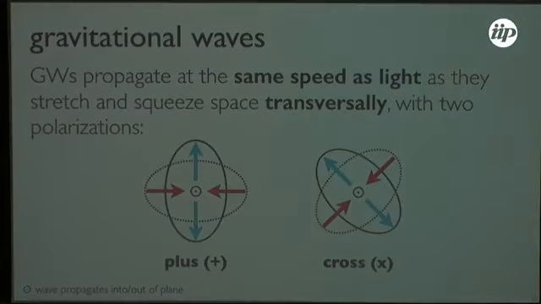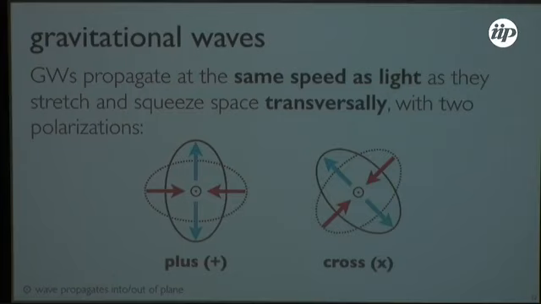Gravitational waves propagate at the same speed as light. We usually say gravitational waves propagate at the speed of light, but you could also say light propagates at the speed of gravitational waves. Neither is more fundamental than the other. Their effect is to stretch and squeeze space transversely to the direction of propagation, and this effect you can always decompose into two polarizations, just like for electromagnetic waves, where you have, say, vertically polarized light and horizontally polarized light.